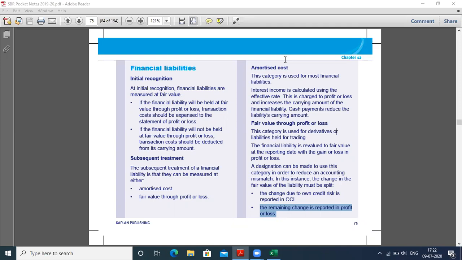Now, if the value of the financial liability in the market is affected because of the credit risk of the company, because I think most of you might know, if the company is dealing with any kind of debt instruments, or if they are issuing debentures, their debentures will be getting a credit rating also.